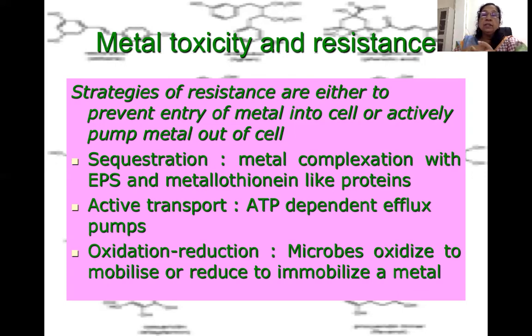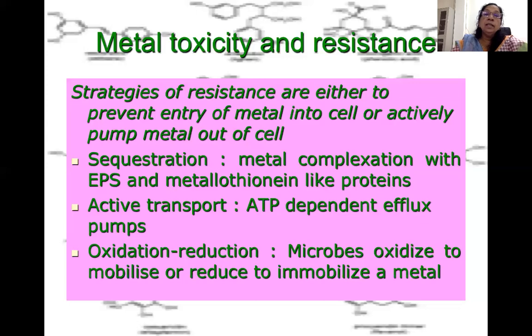And if it enters into the cell, it will be pumped out by means of ATP dependent efflux pumps. And the third is oxidation reduction. Microbes will either oxidize the metal to make it more mobile and move it out of the cell, or reduce the metal to immobilize it and make it non bioavailable so that the toxicity will be reduced.